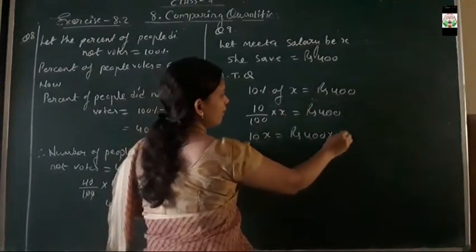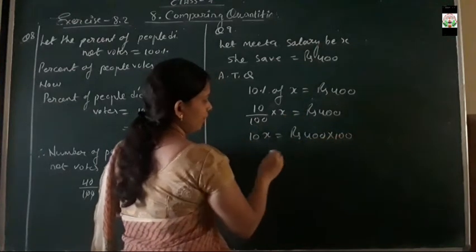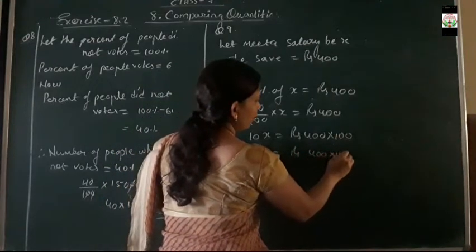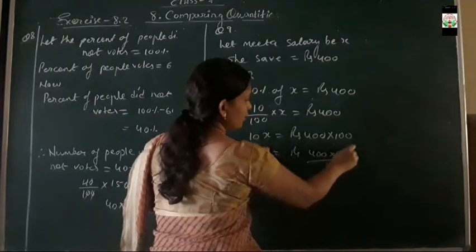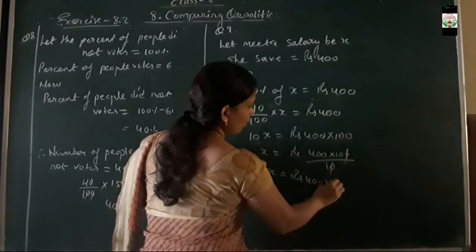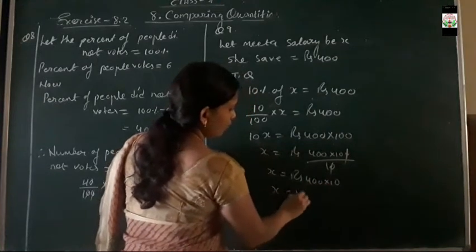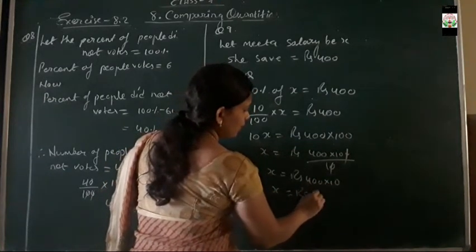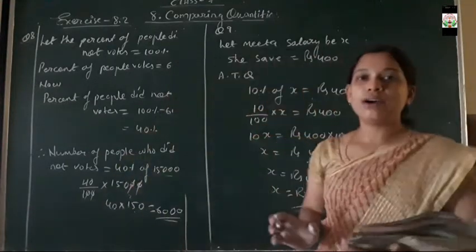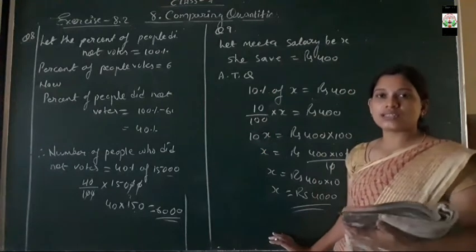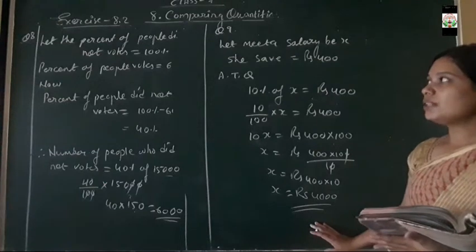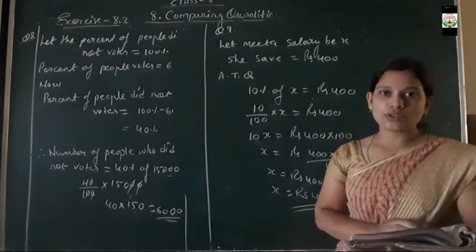So x is equal to rupees 400 into 100 upon 10. Here the zeros will get cancelled. So x is equal to rupees 400 into 10, which is 4,000. So Meeta's salary in the month is 4,000 rupees. Clear everyone? Meeta's salary will be 4,000 rupees.